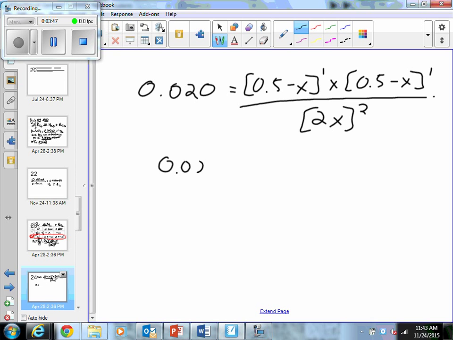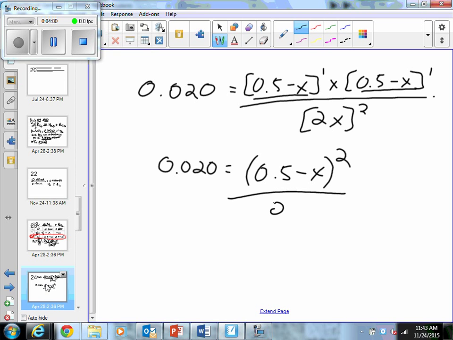So if I simplify this a little bit, 0.5 minus X times 0.5 minus X is 0.5 minus X squared over 2X squared.